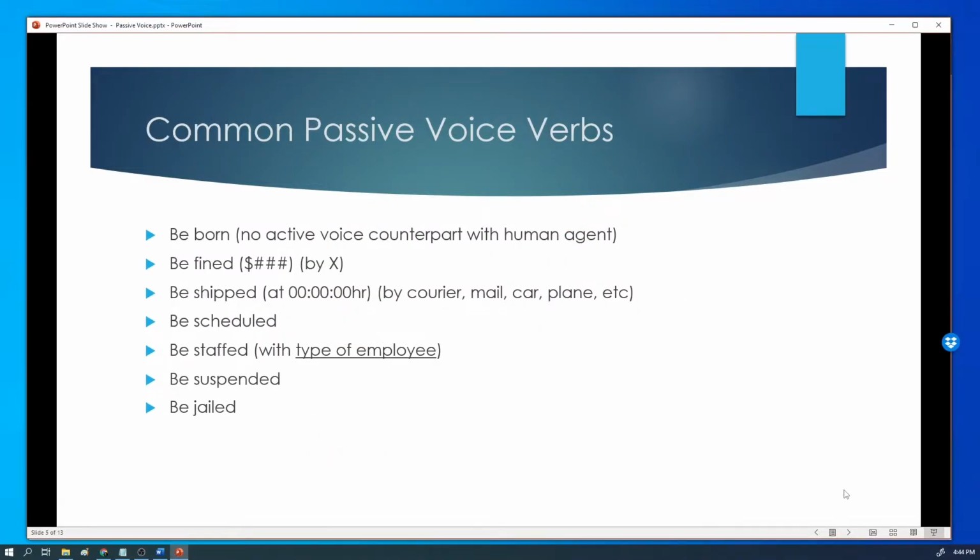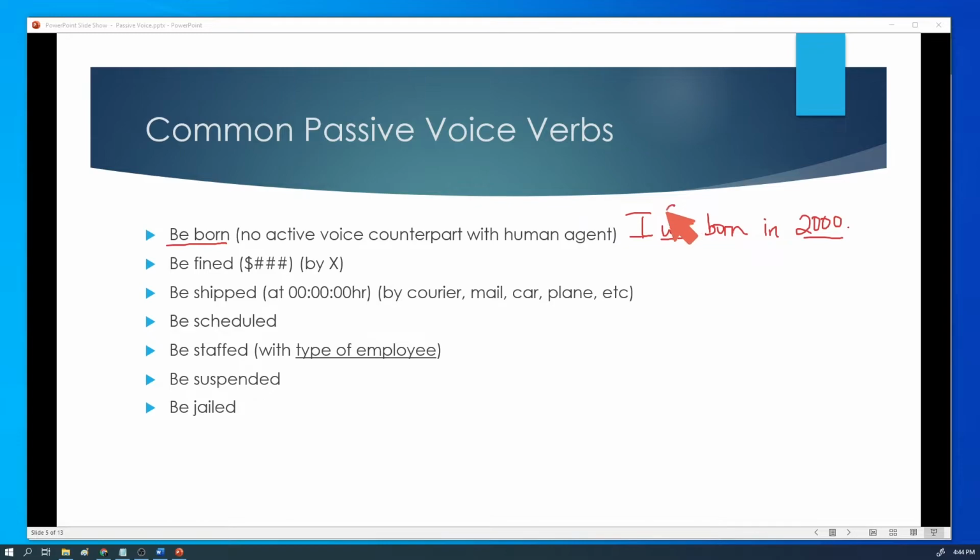Here are some common passive voice verbs, and in some cases, we don't have an active voice for that. So, for example, be born. Okay, so you can say, I was born in 2000. All right. So we're going to use past tense because the event happened in the past.